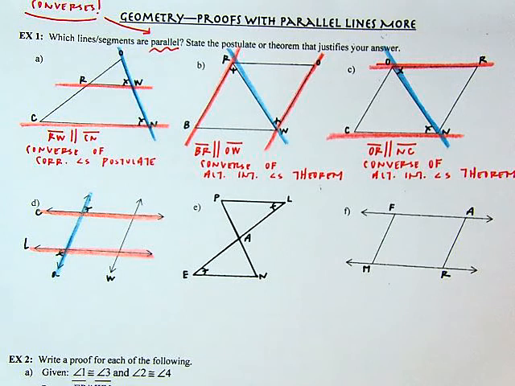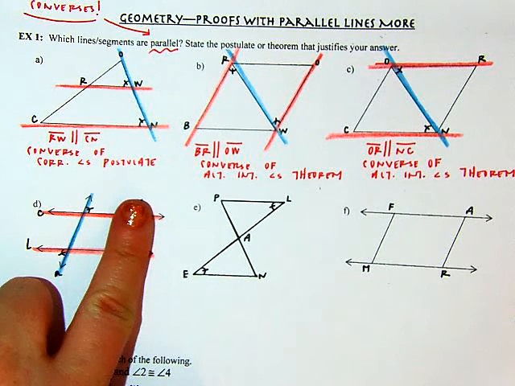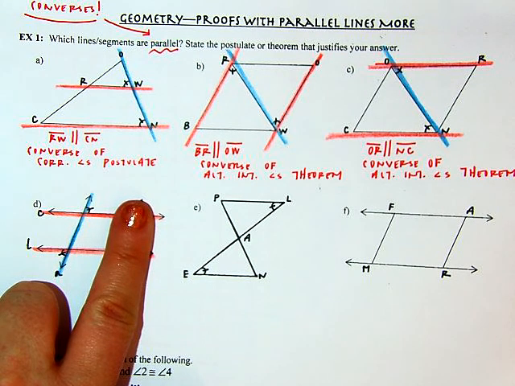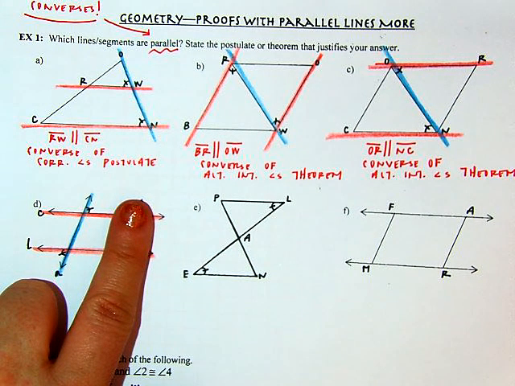So W really has nothing to do with it. You've heard me say quite a few times, block out the noise. So if it helps you block out the noise, block it out of view, that's fine too. So if I look at the angles marked, what kind of angles are they? They are alternate exterior angles, and because they are congruent, lines C and L must run parallel.